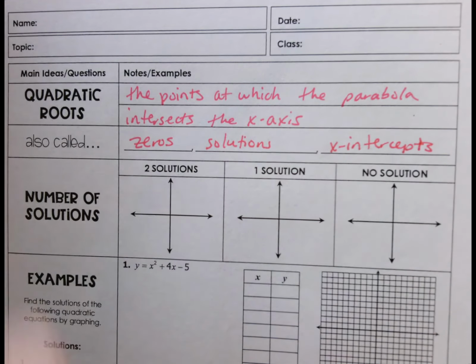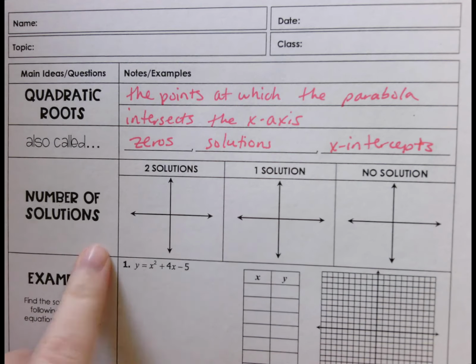You're going to be asked for a zero or a solution rather than a root, okay? But I want you to hear all of those terms. A root, a zero, solution, x-intercept, they're all the same. It's where that quadratic crosses or intersects with the x-axis, okay?